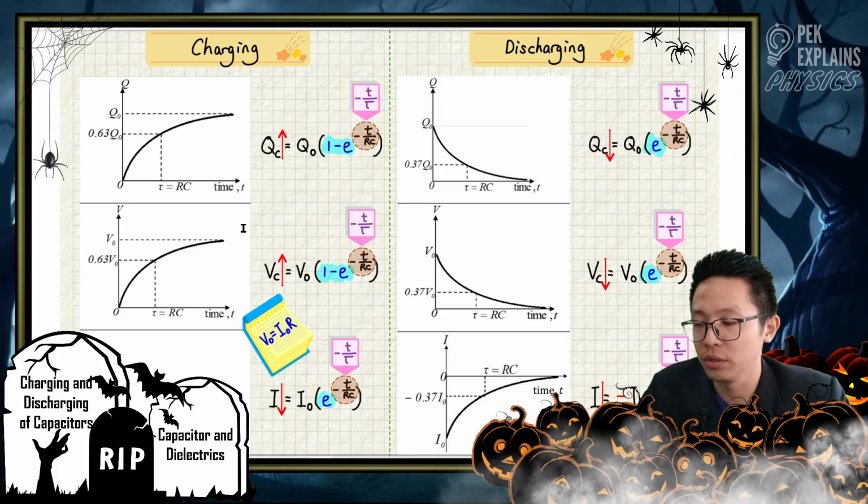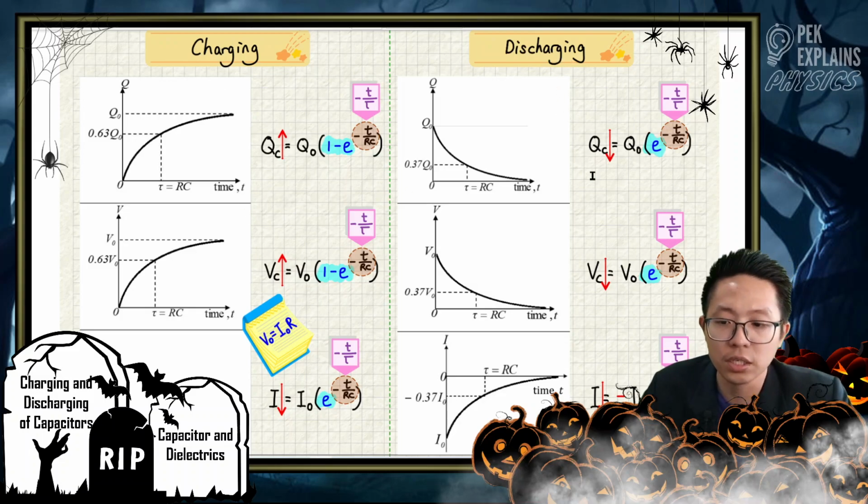So you see the charging process. We charge from 0 to maximum charge, from 0 voltage to maximum voltage. For the discharging process, the charge drops from maximum to 0, and the maximum voltage V naught drops to 0 voltage. So you see the difference. For charging, Q and V increase. For discharging, Q and V decrease.